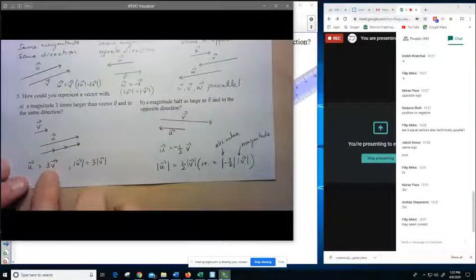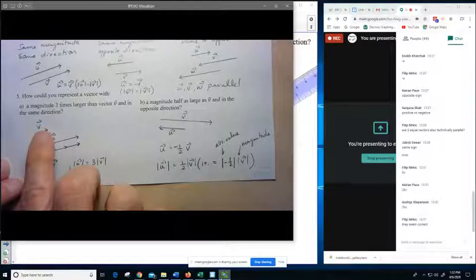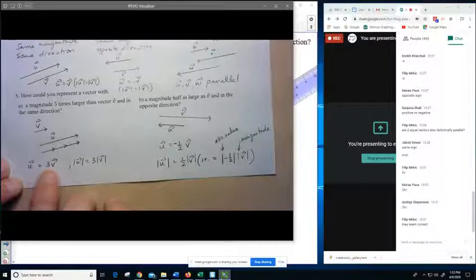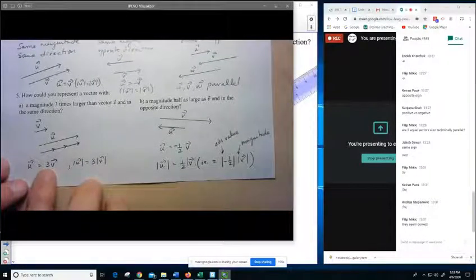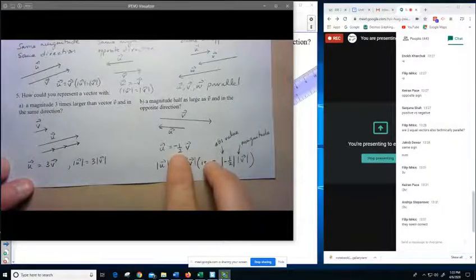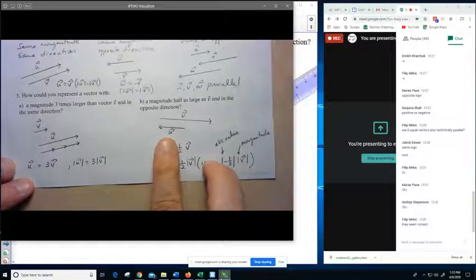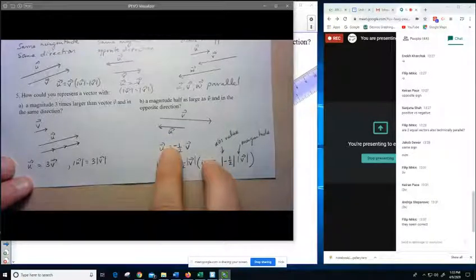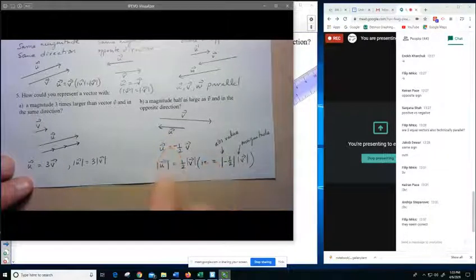Okay, and what does this represent? It represents a vector that's in the exact same direction as my original vector v, okay, but multiplying it by this scalar just makes it 3 times longer. Okay, when we multiply by a scalar that's negative, in this case negative 1/2, well, the positive portion still has the effect of changing the magnitude, so half as long, and the effect of the negative is to give it the opposite direction, okay?